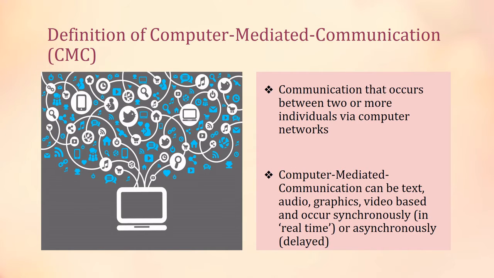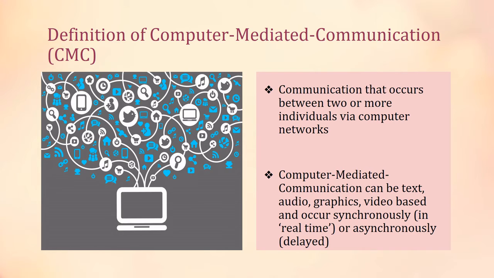Now, let's see the definition of computer-mediated communication. What is that? It is a communication that occurs between two or more individuals via computer networks. There are two types of computer-mediated communication: one is synchronous, another one is asynchronous.